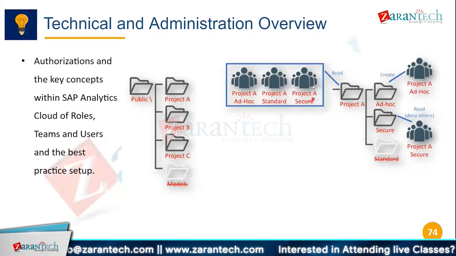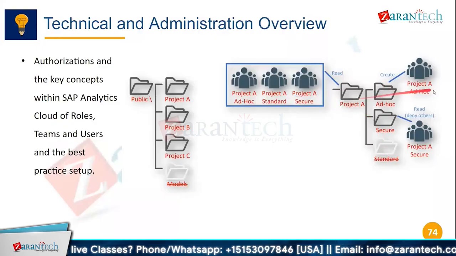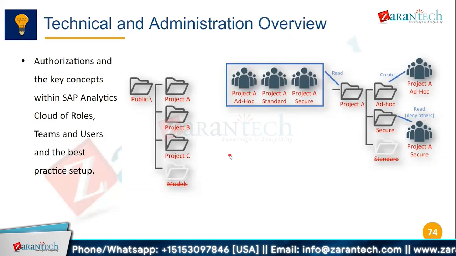Project A standard does only view or read-only things. Project A ad hoc is the team that develops the objects. Then you can assign these 3 teams to project A. That is one way. The other way is to define 3 separate folders for each project team and assign the folder to them. There are multiple ways to design the project and teams.